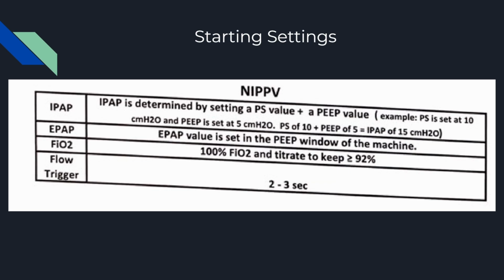If, however, they are fidgety and their moving keeps causing it to trigger a breath, then you may need to turn it up so that they have to pull a little bit more. But don't turn it up too high because then they're going to have to work too hard to get these breaths in. I usually like to keep it between 2 and 5 at the most, but usually 2 to 3.